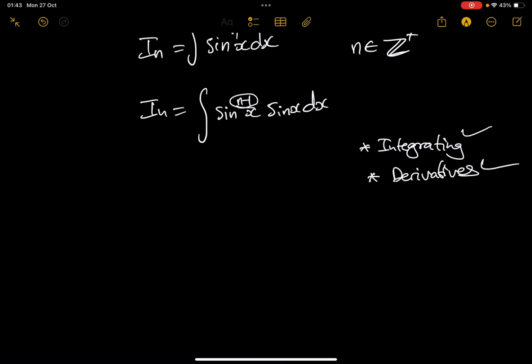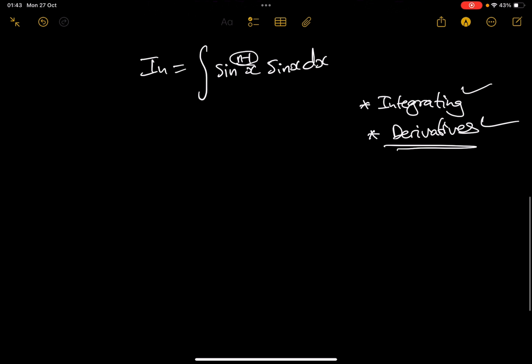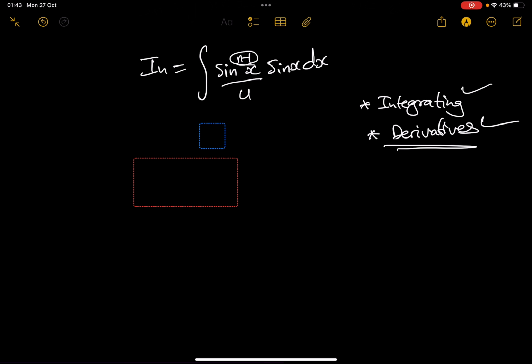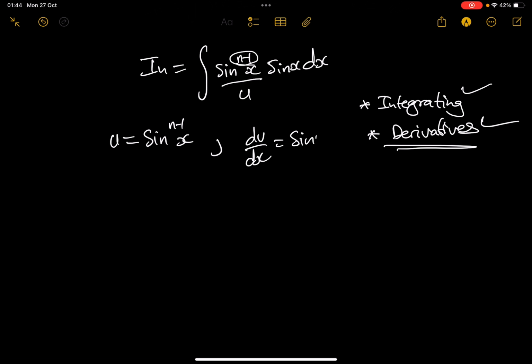We know that it is differentiation. That's why this is going to be u: if u is equal to f of x, then du/dx is f prime of x. When we choose u, we differentiate u, and we integrate dv. So our u here, because we want to reduce the power, is going to be sine^(n-1) x, and dv/dx is going to be sine x.